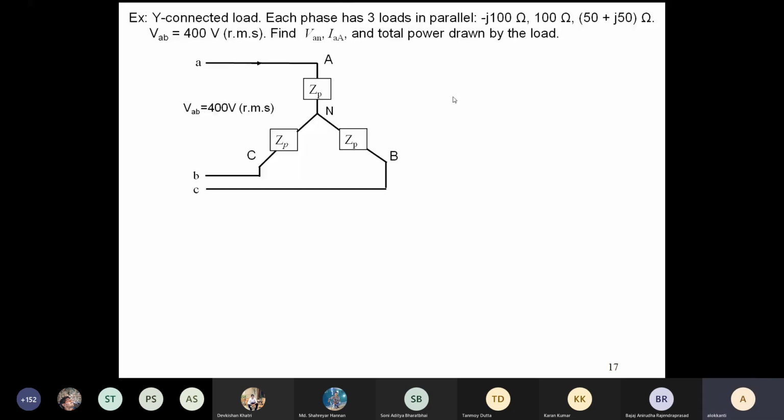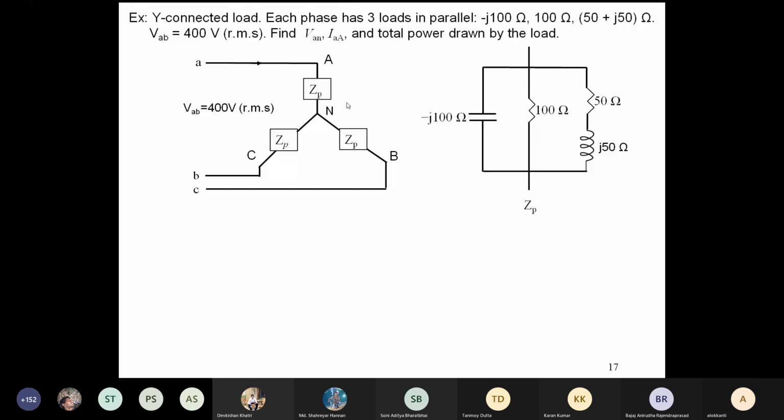I have drawn another diagram, because each of your ZP looks like this. There is minus j100 ohm, which means it is a capacitor. Then there is a 100 ohm, which is a pure resistor. And then you have a resistor and inductor in series, which is in parallel with the earlier two. That is individually your ZP.